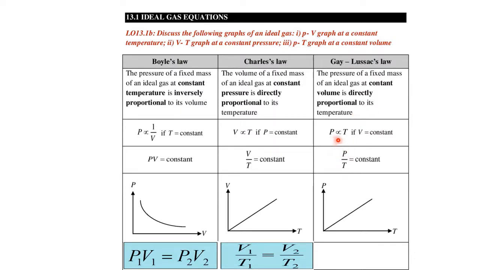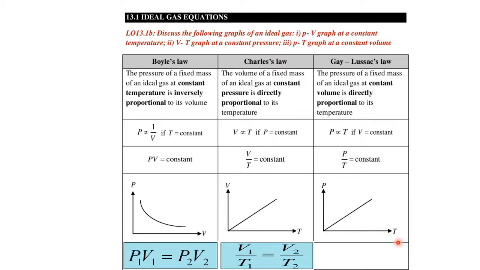So pressure directly proportional to temperature if volume constant. So P over T, pressure over temperature is constant. So we have this kind of graph. Okay, P directly proportional to temperature. So P increase when temperature increase.